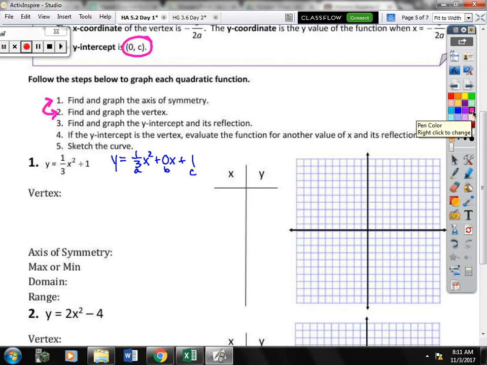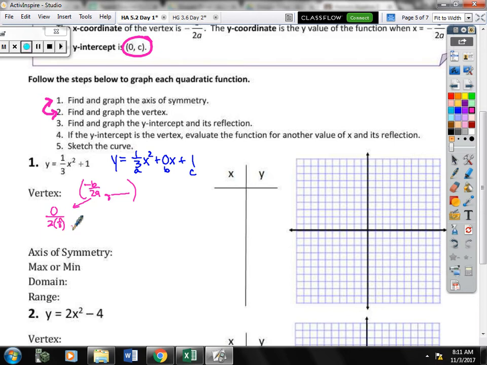And then we'll use our formula for vertex, which is negative b divided by 2a, comma blank. And we'll substitute in b and a. So when it says negative b, it means the opposite of b. Well, the opposite of 0 is still 0. Zero divided by 2a, which would be 1/3.